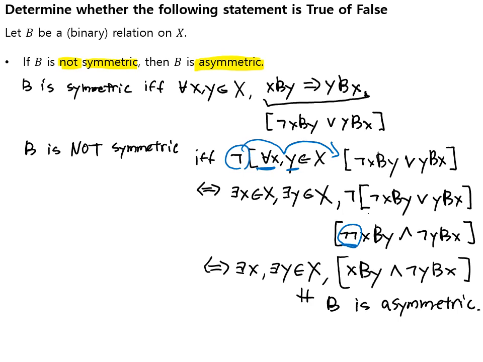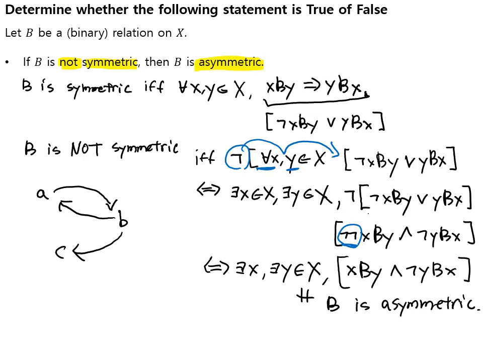Okay, so here is an example. Suppose that we have A and B and C, and suppose that A is related to B and B is related to C. Consider this example over here.